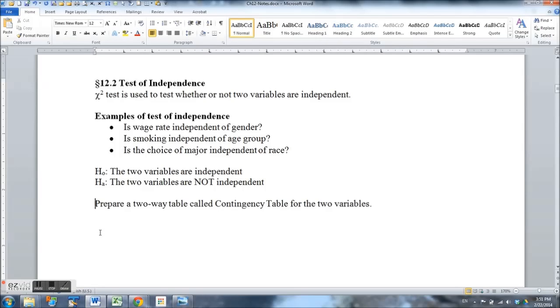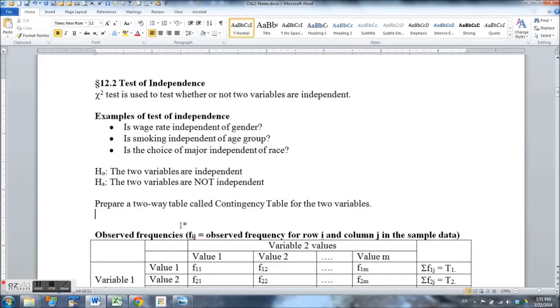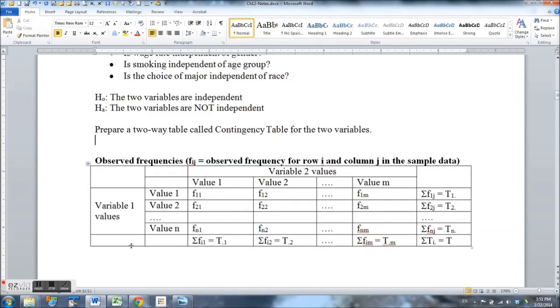Here, to test the hypothesis, we have to take a sample and organize the sample values in a two-dimensional table. This two-dimensional table, or two-way table, is also called a contingency table. We'll look at an example of what that contingency table will look like. You have two variables. You list values of the first variable as rows and the values of the second variable as columns.